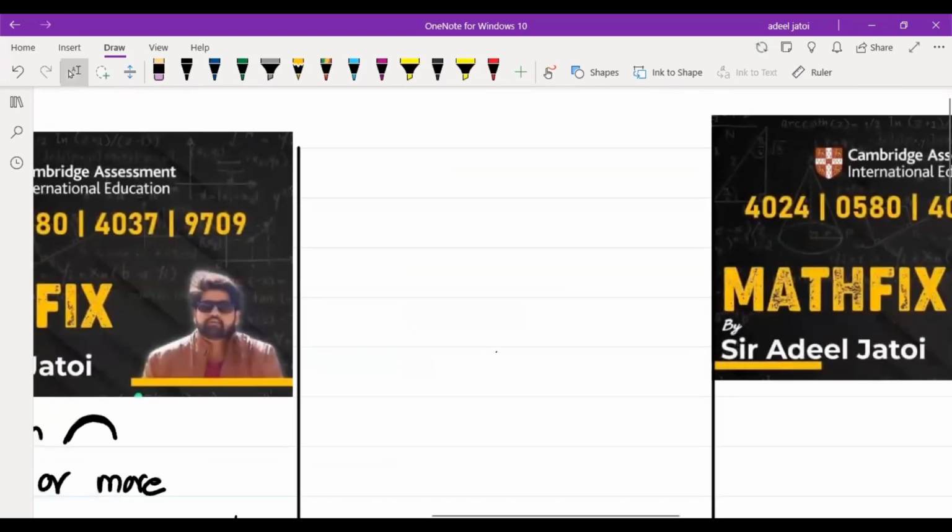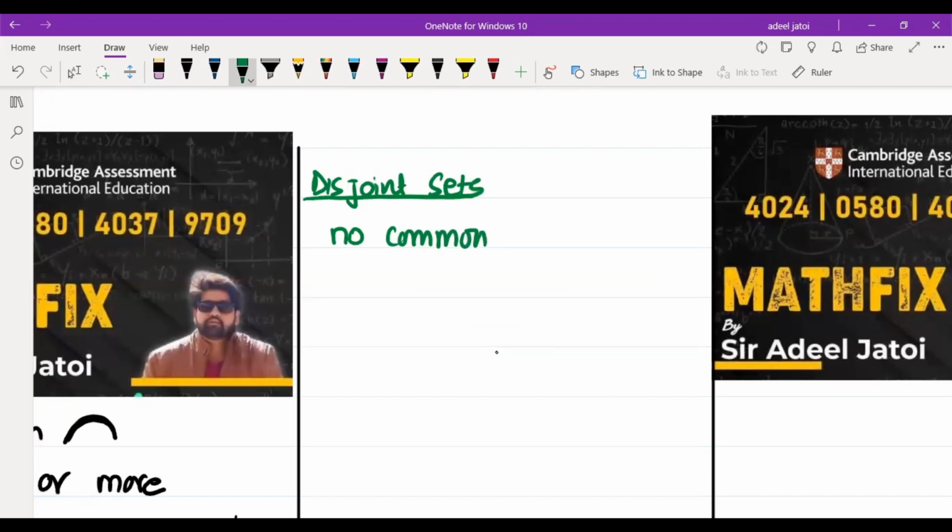Then what do we have? We have disjoint sets. Disjoint sets have no common elements.